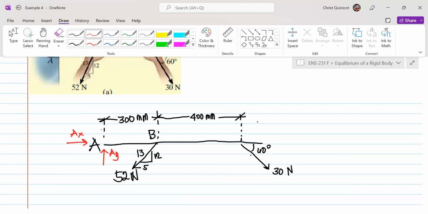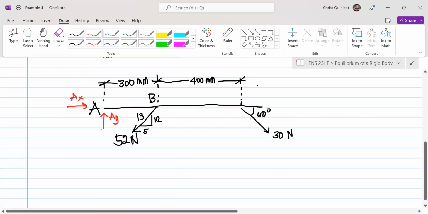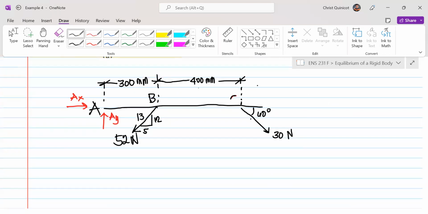Now, about moment, since we are turning this wrench from A to C, but there is no movement. If you observe, our two forces are going down.